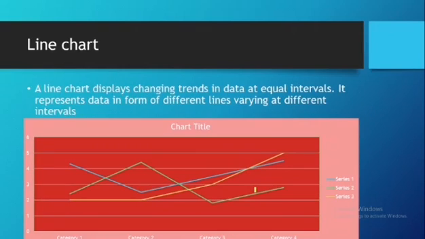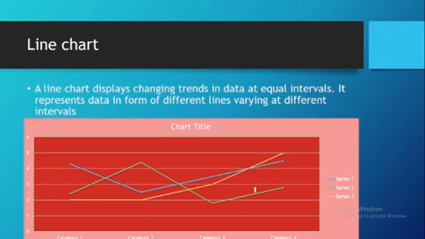Now the next type of chart is a line chart. A line chart displays changing trends in data at equal intervals. It represents data in the form of different lines varying at different intervals. Here you can see that the chart is drawn with the help of different lines.